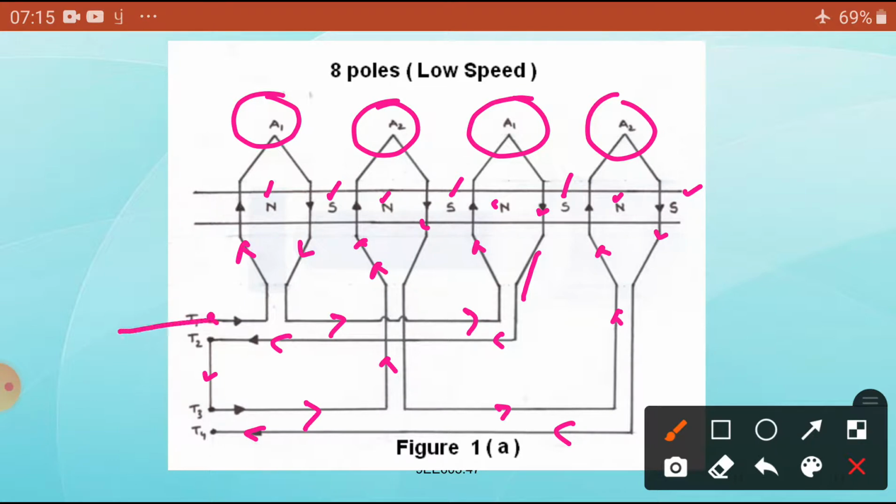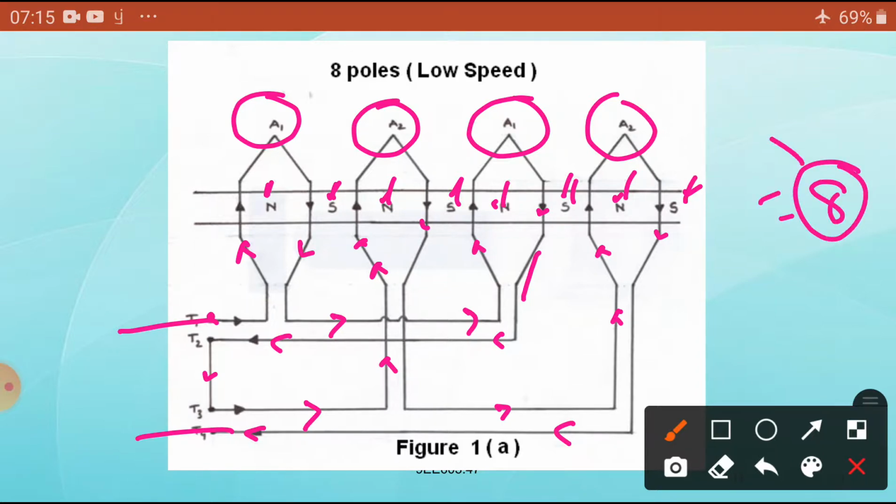If you connect T1 and T3, all are connected in series. So what happens here? The poles are 1, 2, 3, 4, 5, 6, 7, 8. So it becomes an 8 pole machine.